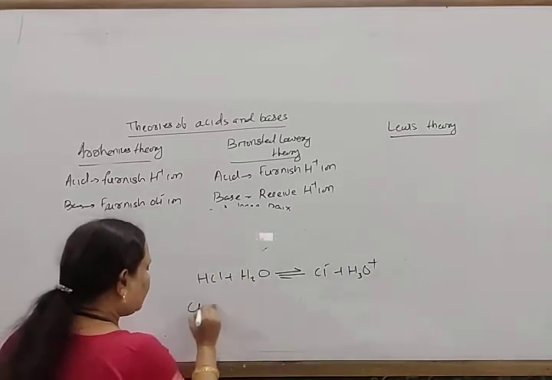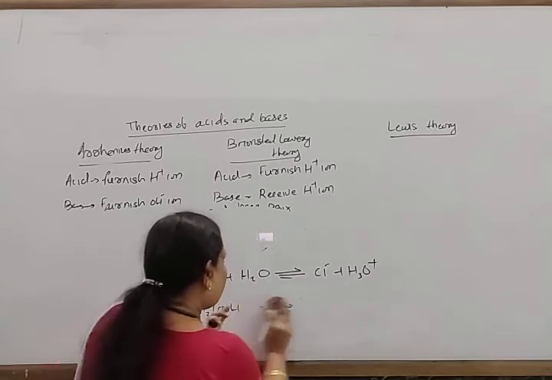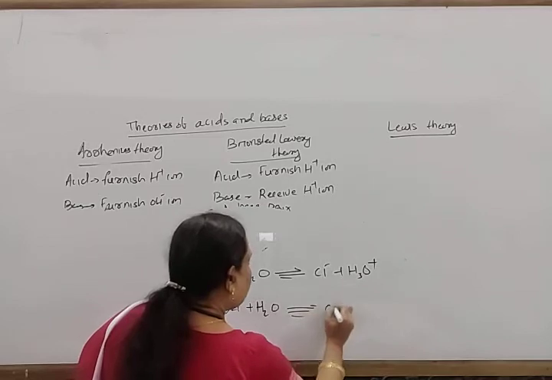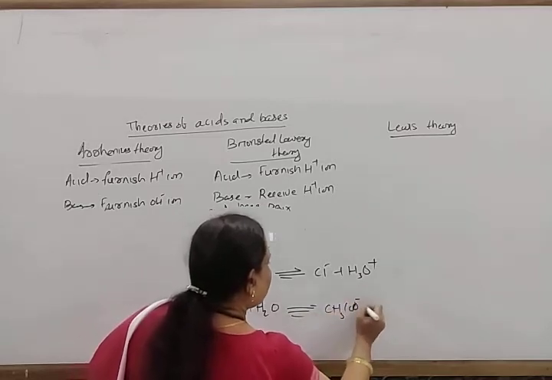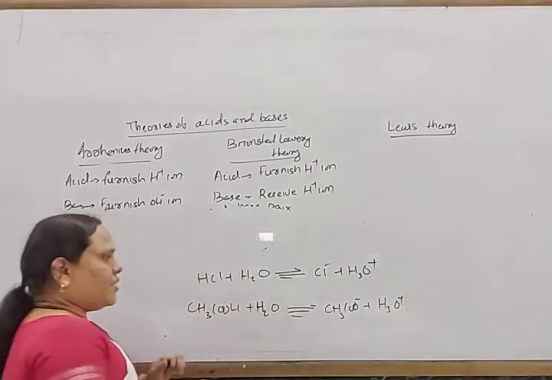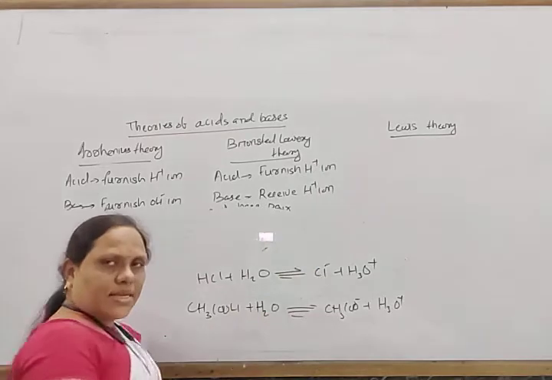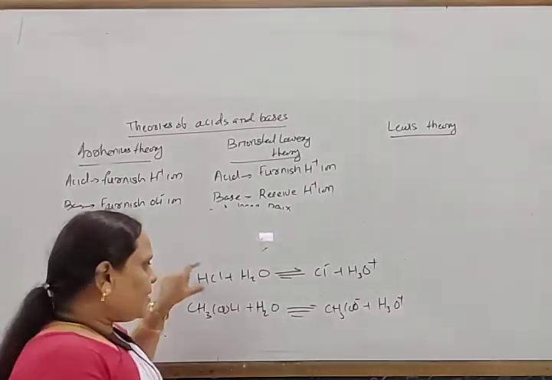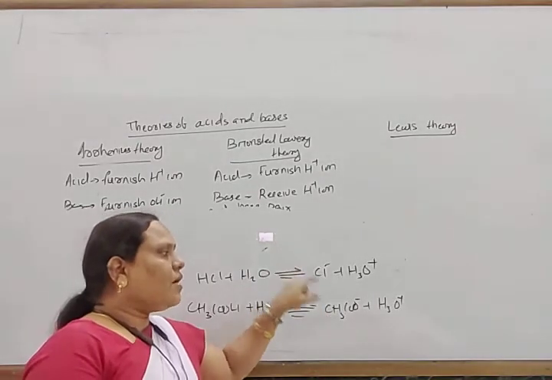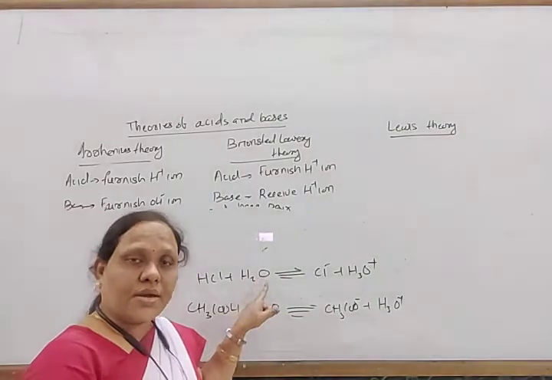And as another example, CH3COOH is there, plus water, and it gives CH3COO minus plus H3O plus. Now look here, between these two, HCl has more tendency to give Cl minus ion. As it is the strong acid, it has more tendency to give Cl minus ion, and this Cl minus ion has little tendency to receive an H plus ion.